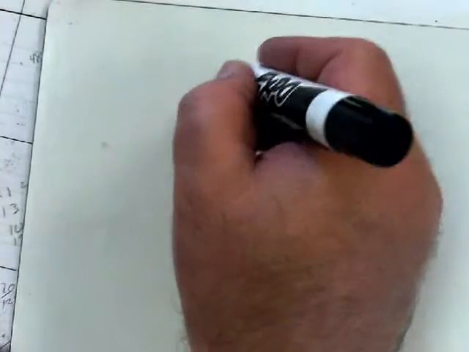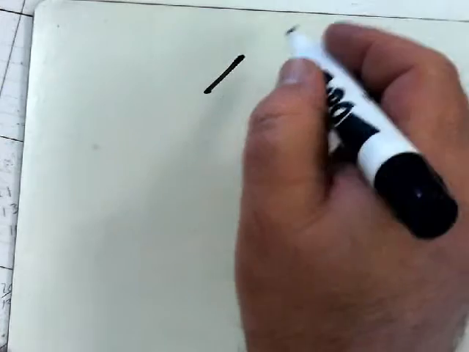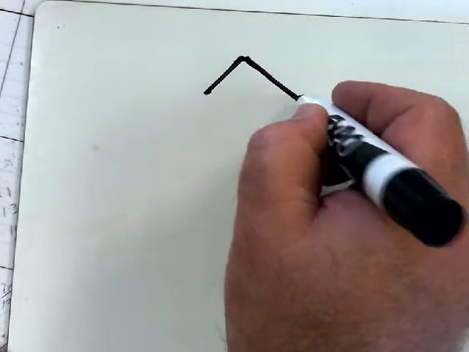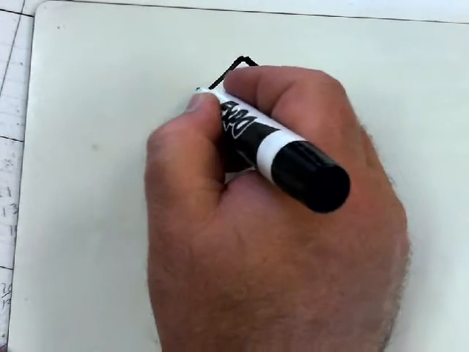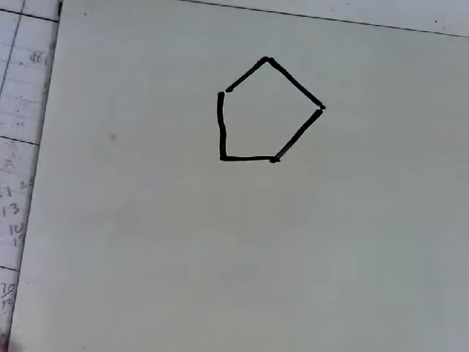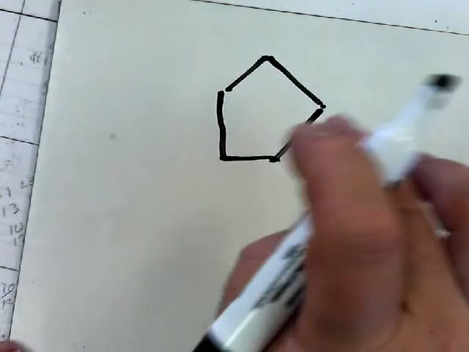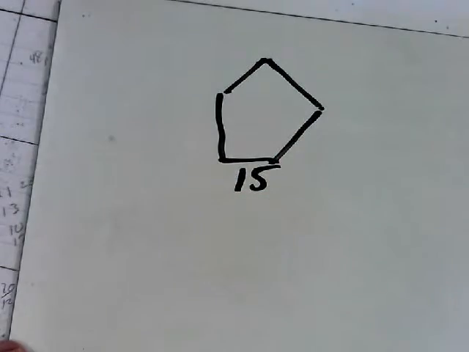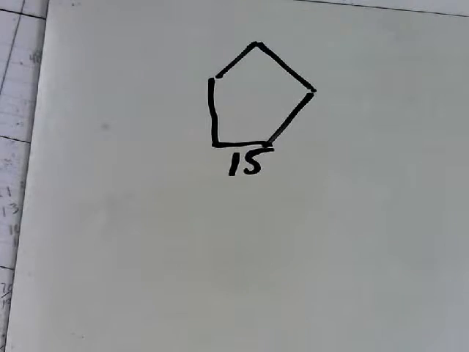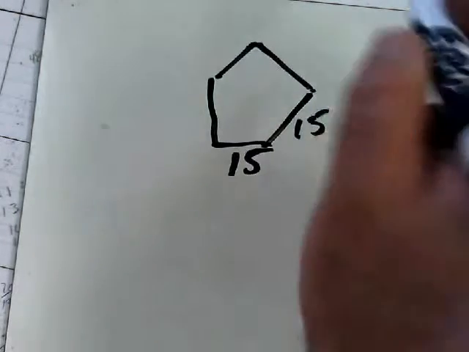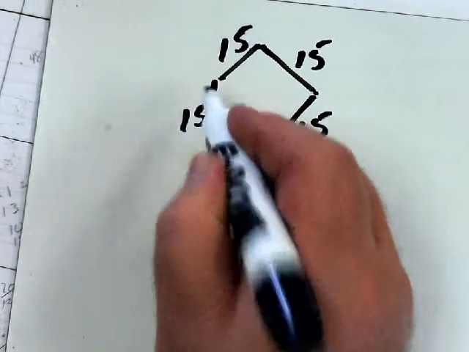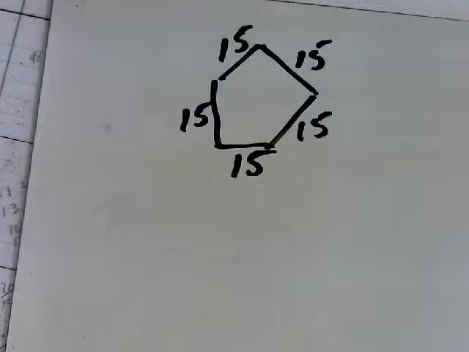They're saying that the base is a pentagon. Something similar to that. This is 15, that means this is 15, this is 15, this is 15, right?